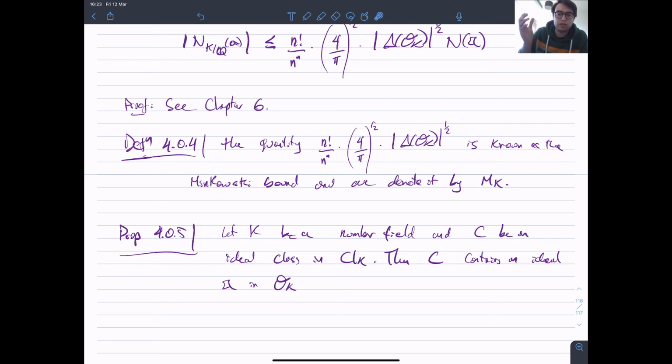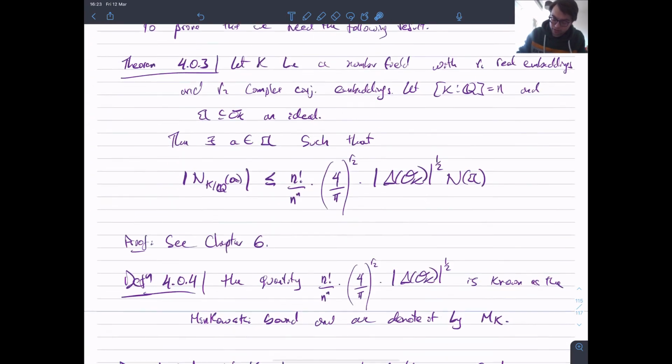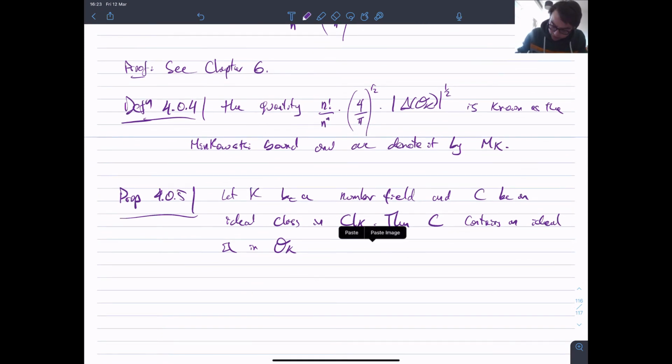It's like taking a fractional ideal and taking all multiples by a principal fractional ideal. But whatever, this coset that I defined up here has one of the elements inside of it that is a standard ideal in O_K, which has a special property. So it contains an ideal A in O_K such that the norm of this ideal is less than the Minkowski bound.